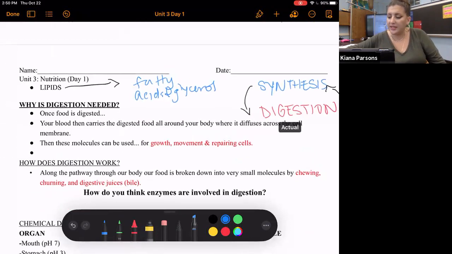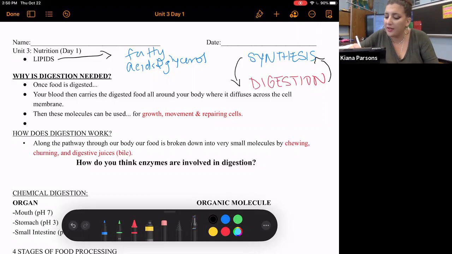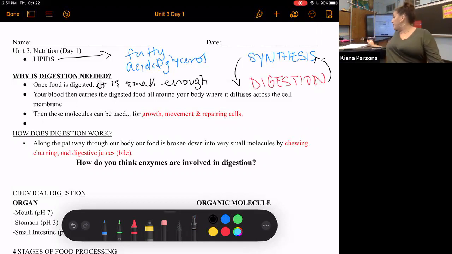So once food is digested, it is small enough, and on your paper, you're going to want to write this out. It is small enough. Once food is digested, it is small enough to diffuse across the cell membrane of your small intestines and into your blood. So this is the process that I've been talking about.